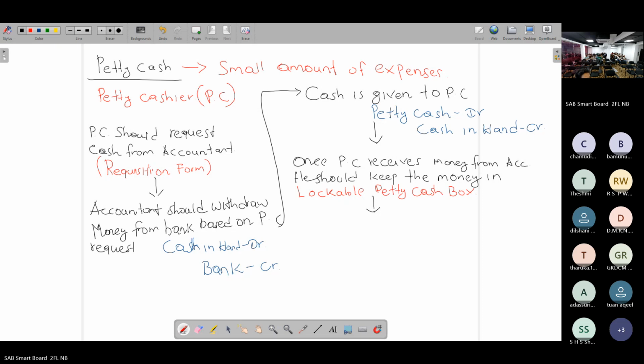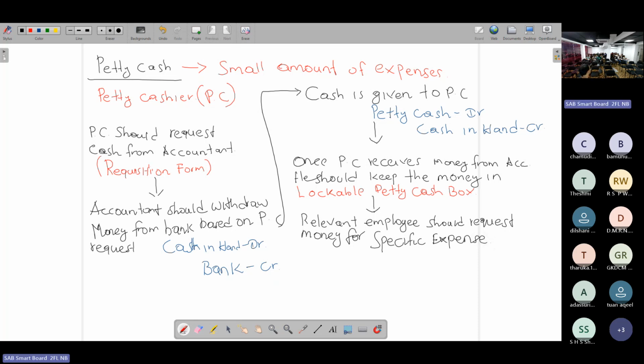First, the relevant employee should request money for a specific expense.